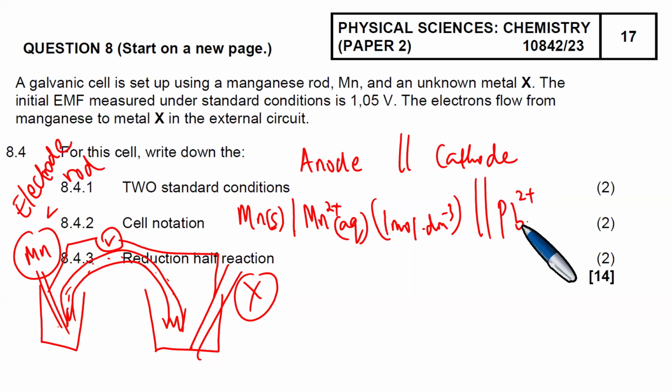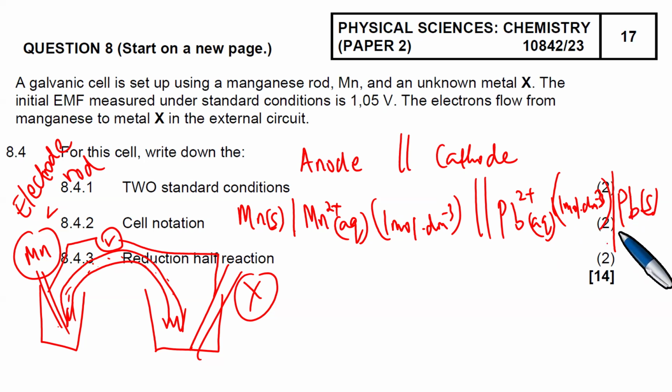And then you put lead 2 plus aqueous, and this is standard conditions, 1 mole per cubic decimeter. And then you have the lead solid. So you can write like this in some more detail.